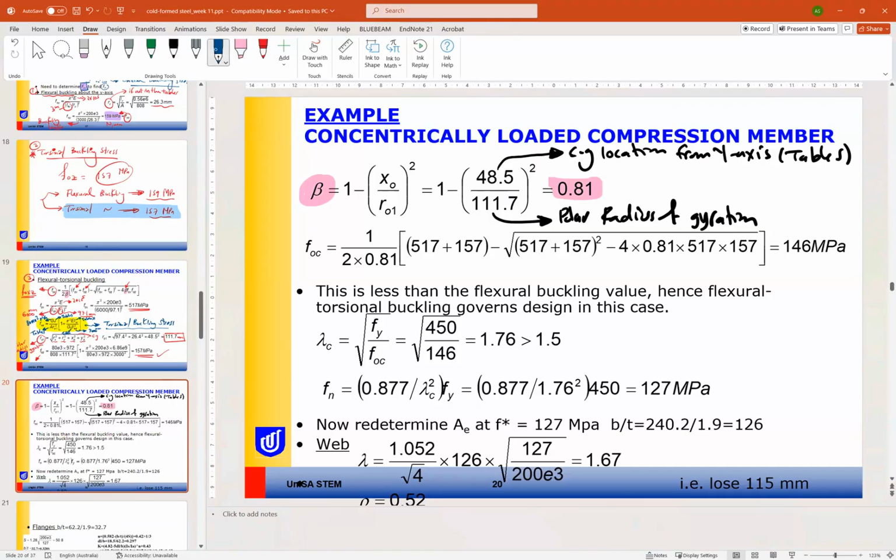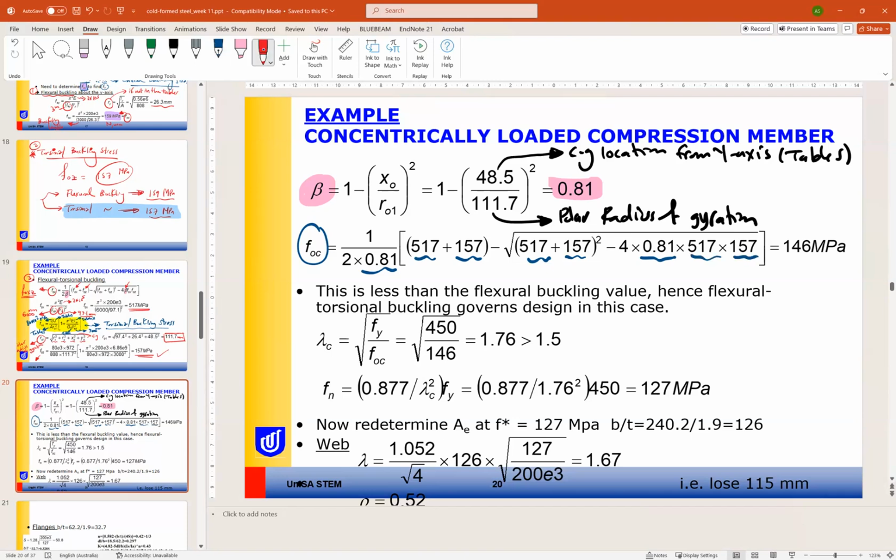So now we can find FOC. FOC is equal to 1 over 2 beta, times FOX plus FOZ minus root of FOX plus FOZ all squared minus 4 beta FOX FOZ.